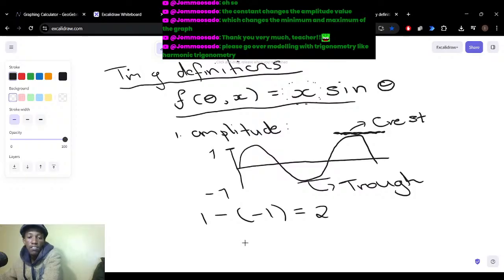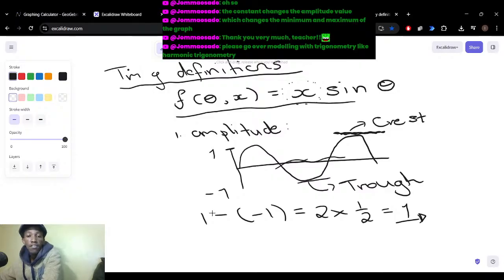Now, it is half the distance between the crest and trough, so multiply this by half and you get 1.